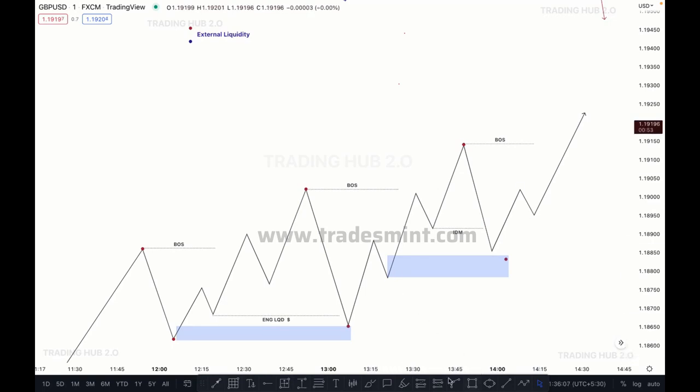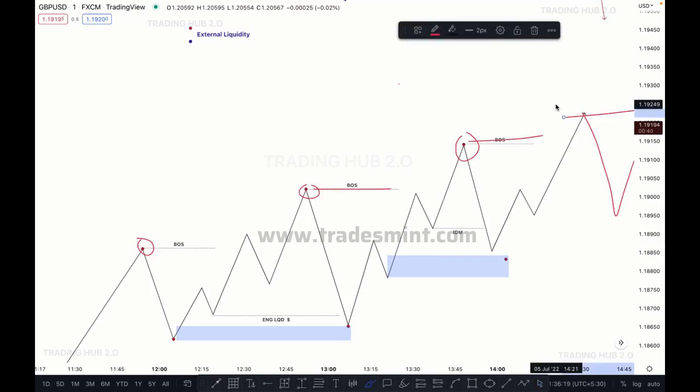So these are all called external liquidity. Every major high or low acts like external liquidity, because once the market takes external liquidity, then it takes a pullback, then goes on to continue upside, taking the minor, you can say internal liquidity, right?